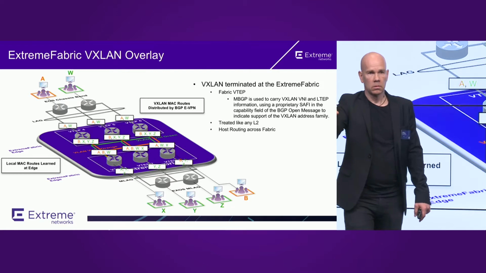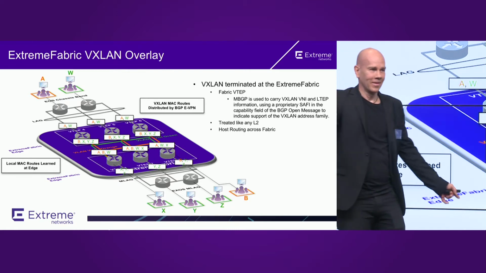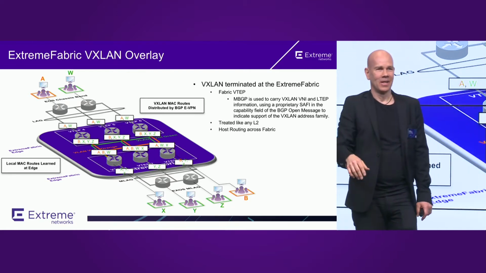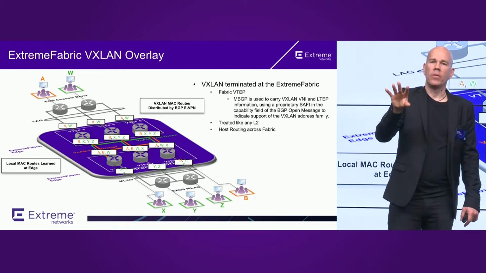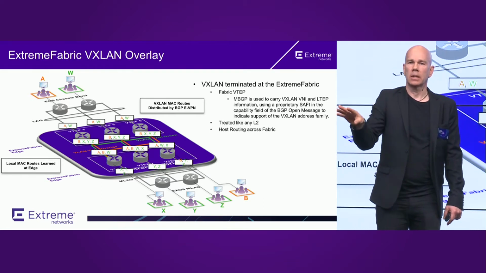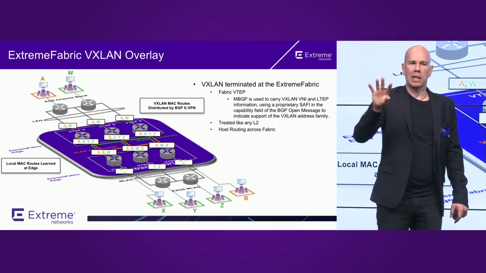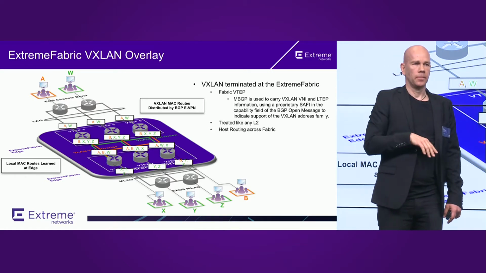Do you guys follow me on this? Okay, so the key thing is that ExtremeFabric changes the story for VXLAN. It's based on BGP and MBGP for the VXLAN part.